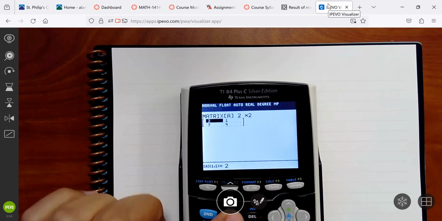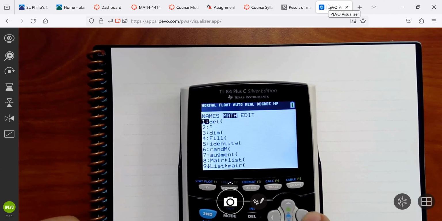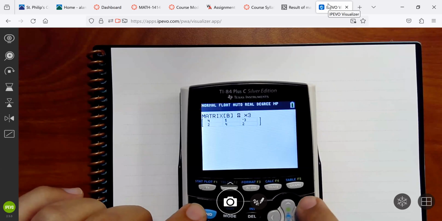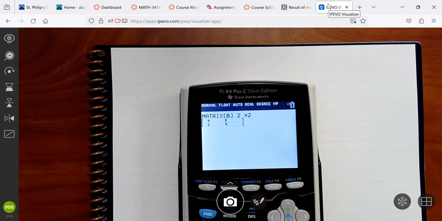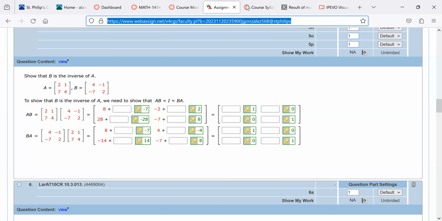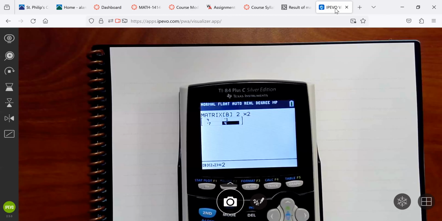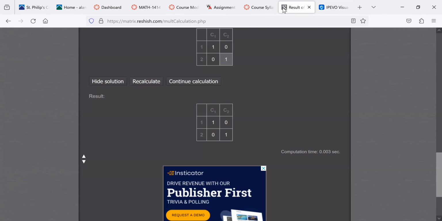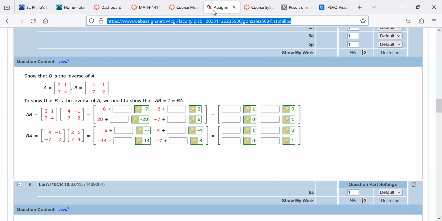All right, so quit once you saved it. Go back into the matrix menu, edit B. And 2 by 2. 4, -1, -7, 2.